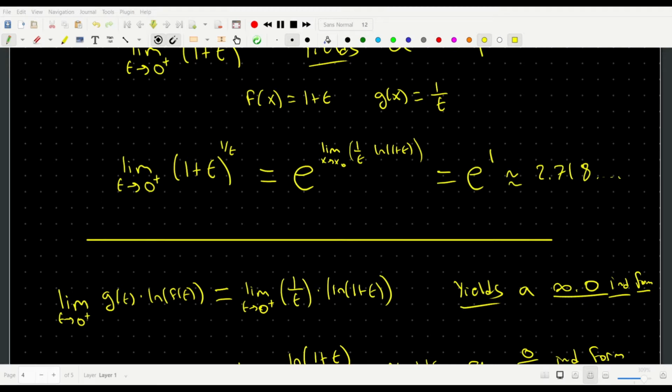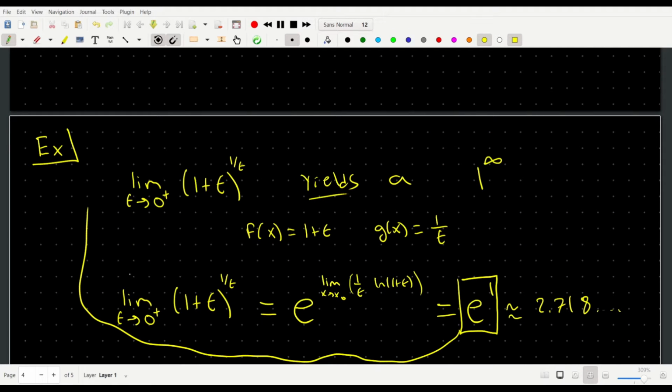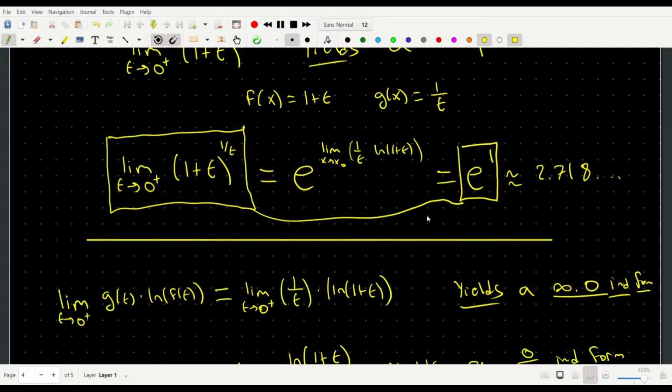And this is incredible because this is actually one of the ways, and there are many ways, of exactly mathematically defining what the exponential number e is. What we've just shown here is that the limit of this function is equal to e to the power 1.